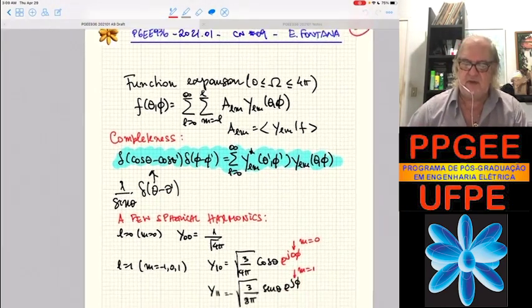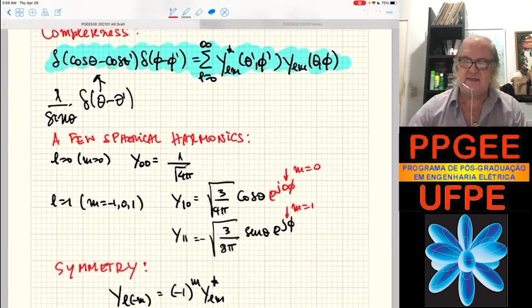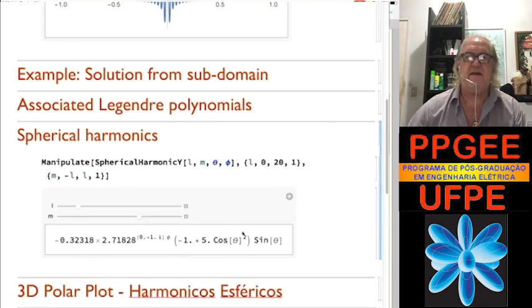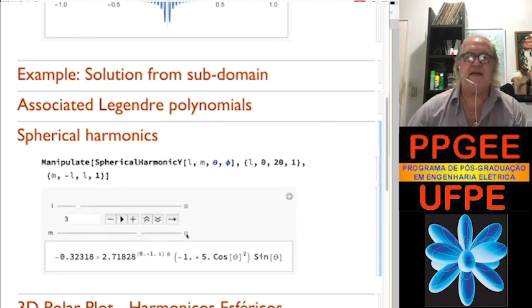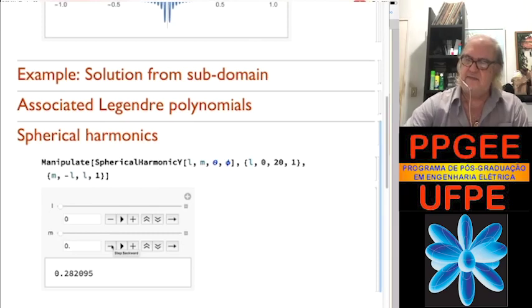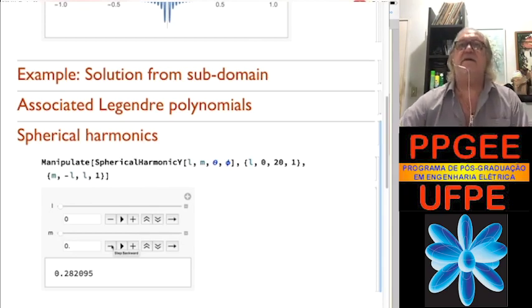Okay. Let me show you a couple of spherical harmonics. I think I have that. Yeah. You see, you have those things here, but I can show a lot of them in my Mathematica interface right there.